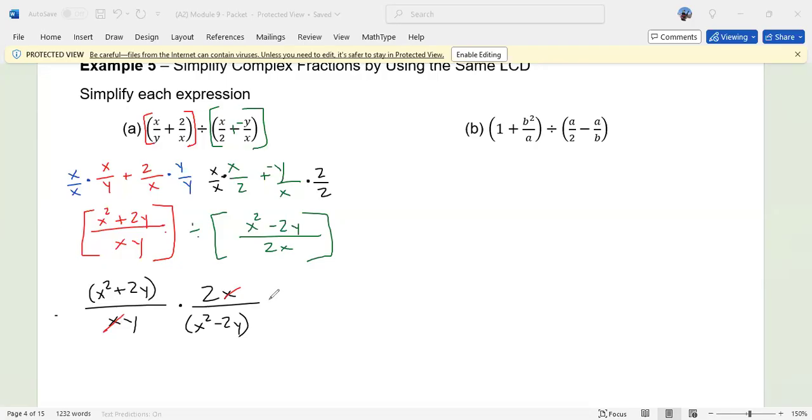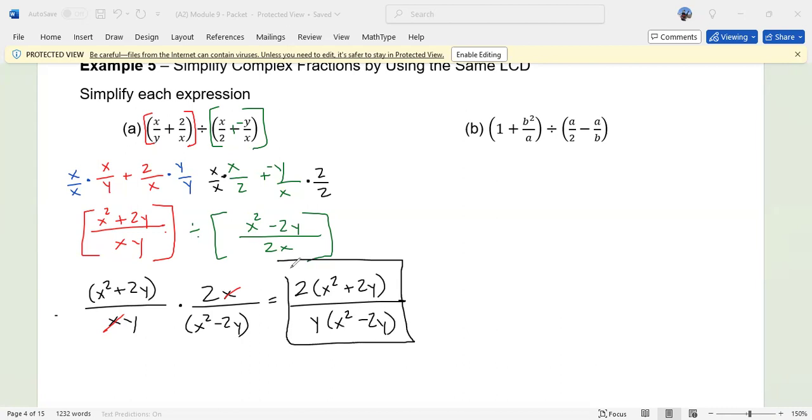So our simplified form will be 2(x squared plus 2y) divided by y(x squared minus 2y). You can go ahead and distribute that if you want. I personally prefer it in its factored form like this.